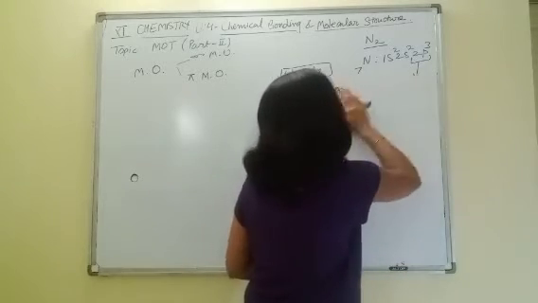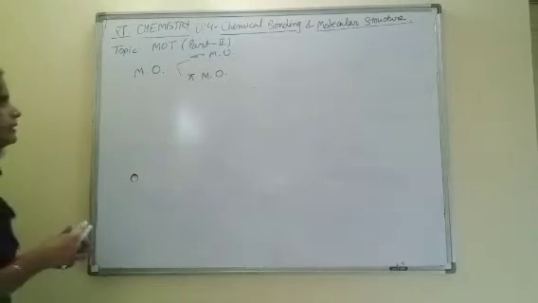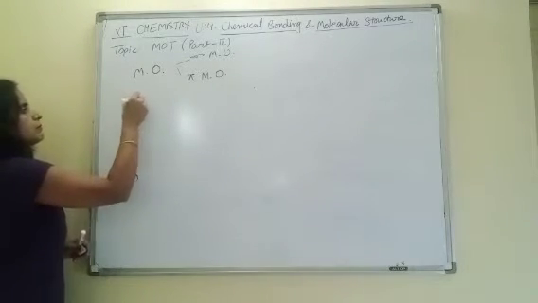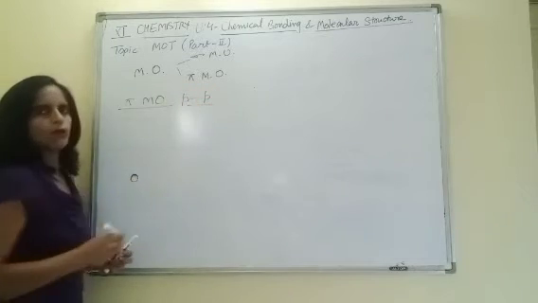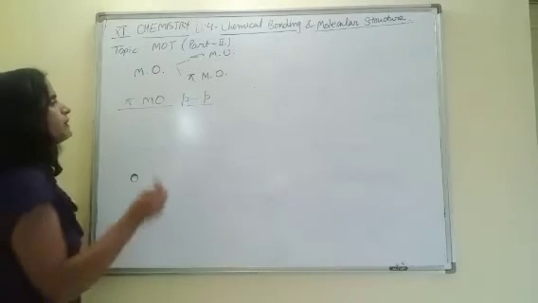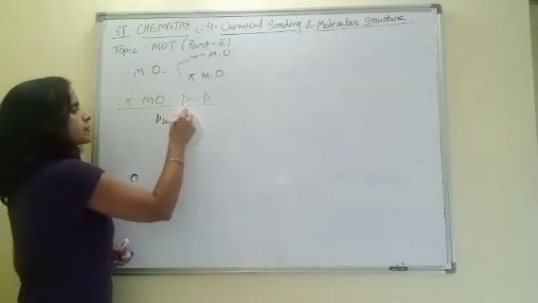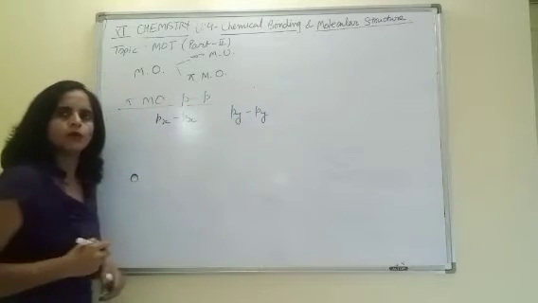The pi molecular orbitals are formed by pp overlapping. This can be px or it can be py. We can discuss px overlapping or py overlapping.